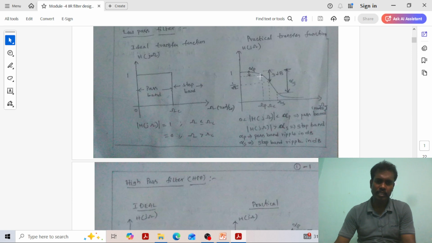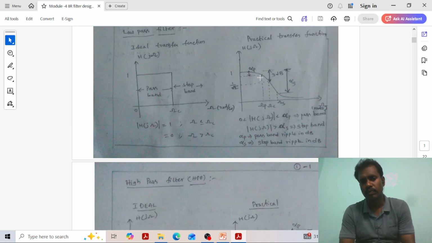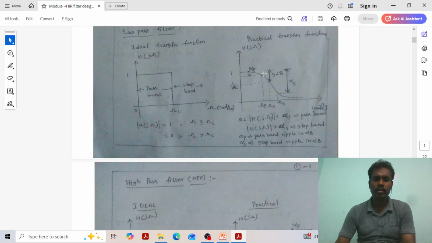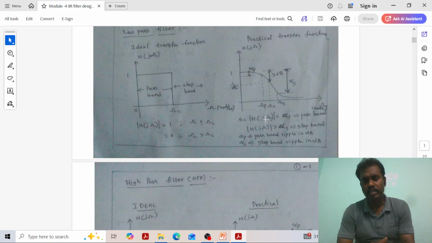That is, I can consider only minus 1 dB as the deviation from 0 dB. The frequency at which we have minus 1 dB can be considered as omega p. That depends on our application. If my application requires less deviation from the actual input, we need to fix some other frequency as the passband frequency.